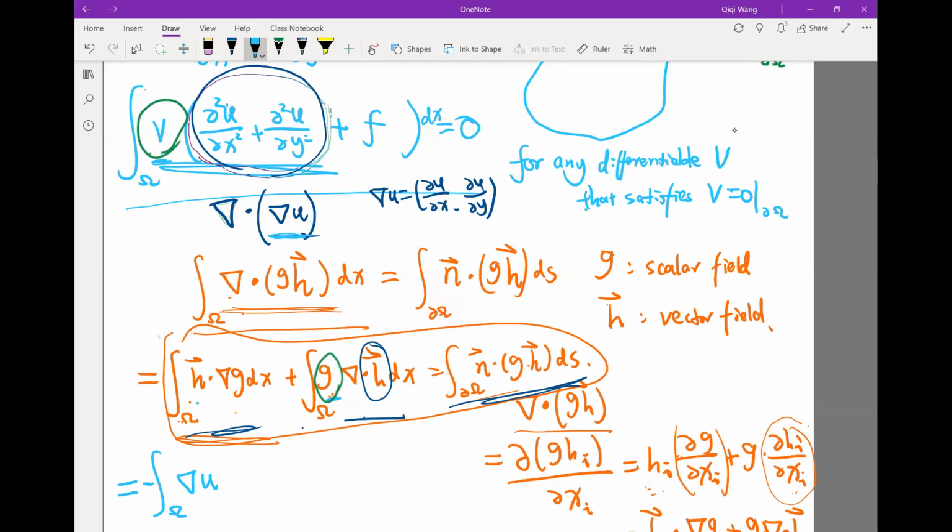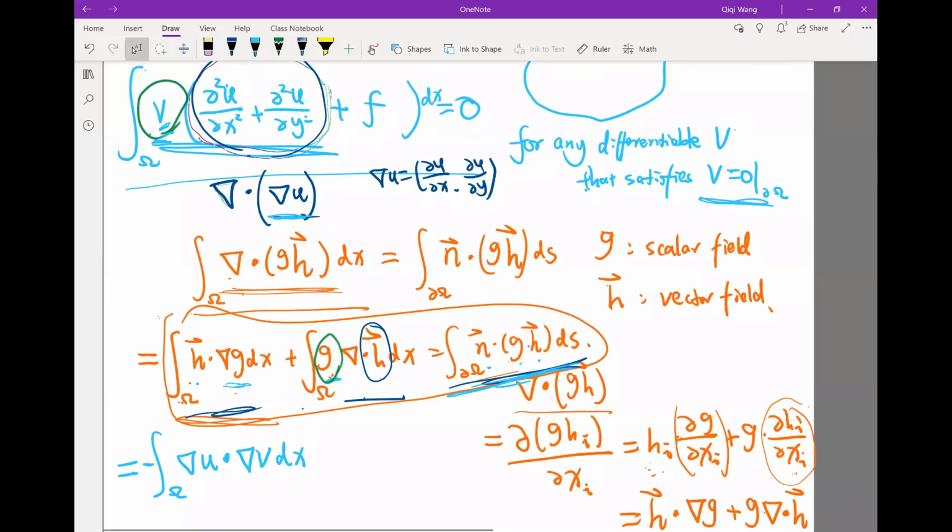So that's the vector, dot with the gradient of the scalar v, dx. So that's the volume term. And the boundary term, we have the normal dot with gh, and g is our scalar v, and satisfies the boundary condition v equal to 0 at the boundary. So that is gone, right? So we don't have a boundary term.